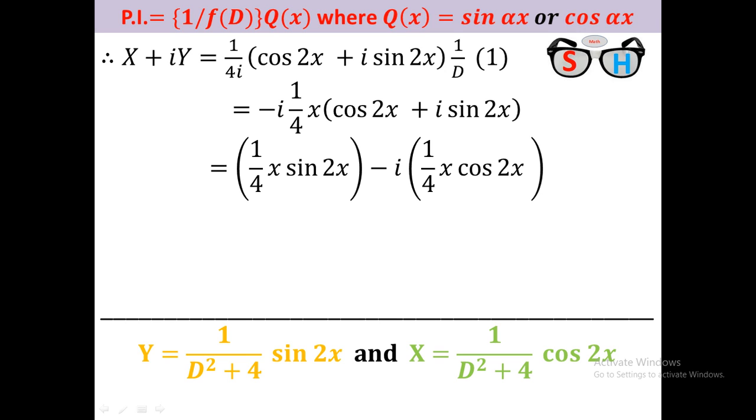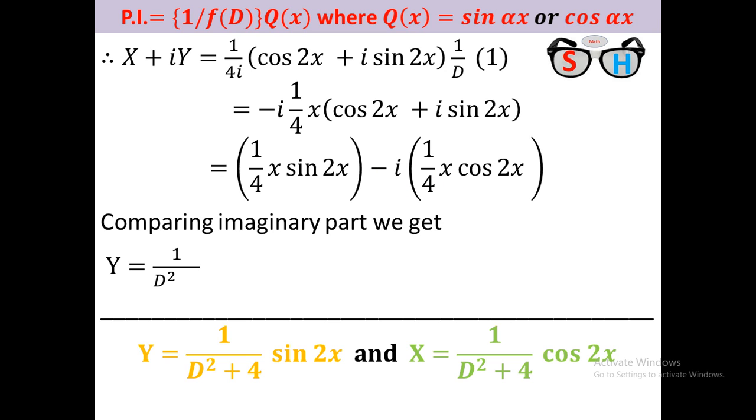Okay, so to find y we have to compare the imaginary part. Comparing the imaginary part, we get y equal to minus 1 by 4 x cos 2x, therefore this is the result. Okay, so problem 6 is solved by that approach, that method.